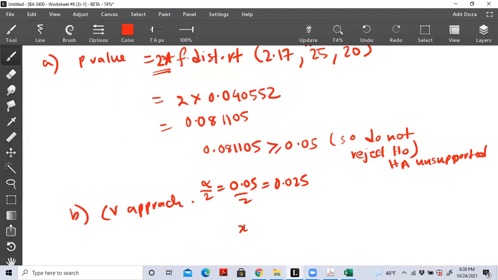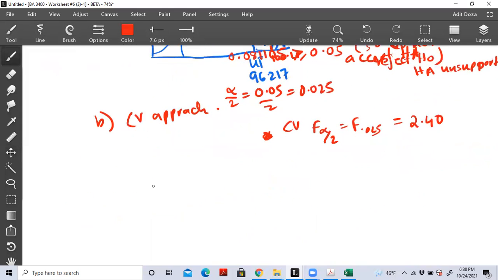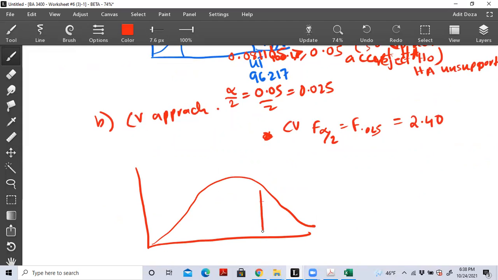So the critical value, F 0.025, this is alpha by 2, is 2.40. So if you draw the diagram, it is always upper tail, so 2.40. This is the shaded region.